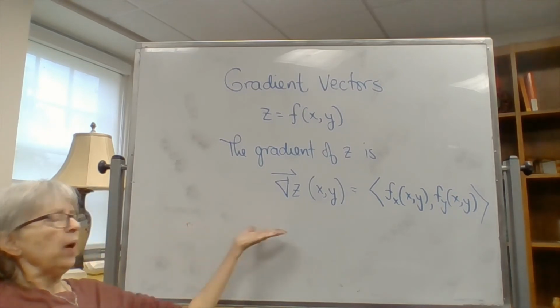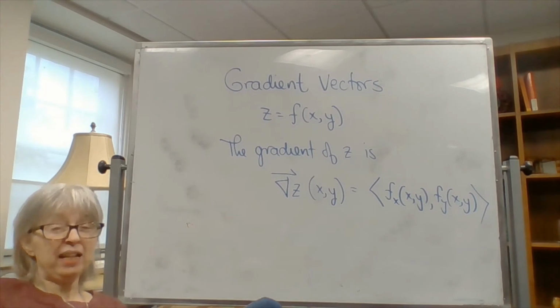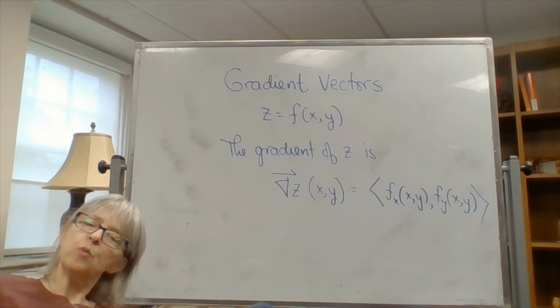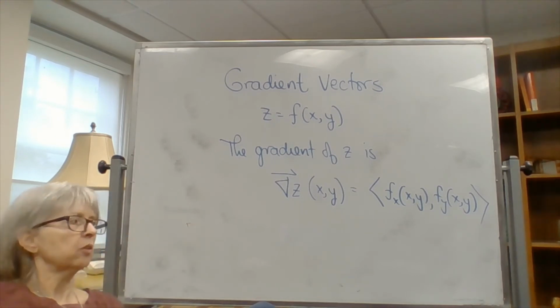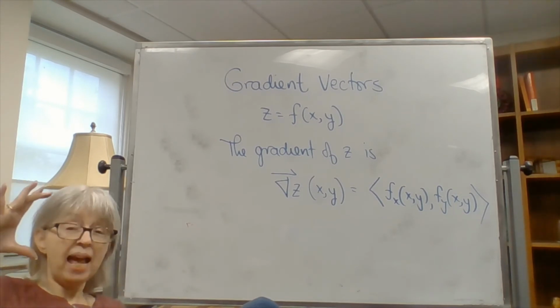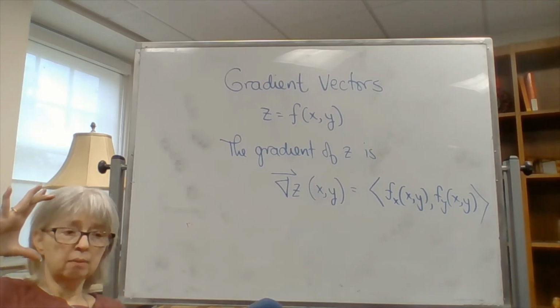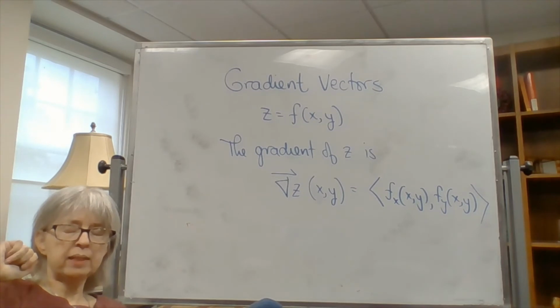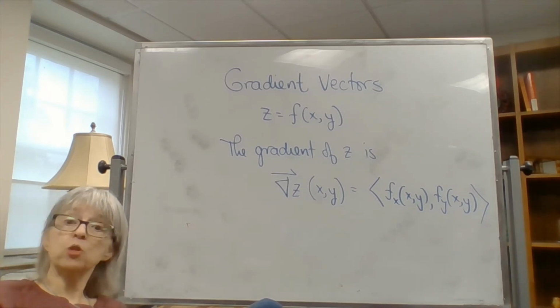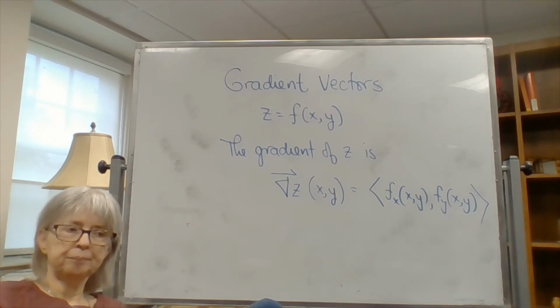So the gradient is a vector. The gradient of a two-dimensional function is a very specific vector. It's the vector you get when you use as your x component the partial with respect to x, and as your y component, the partial with respect to y.